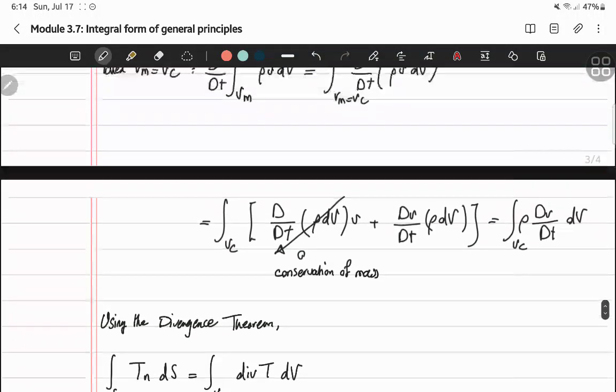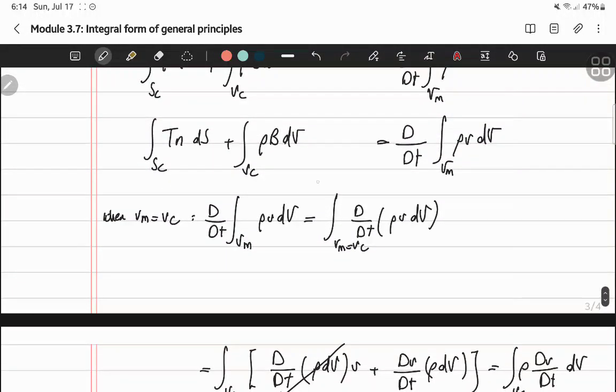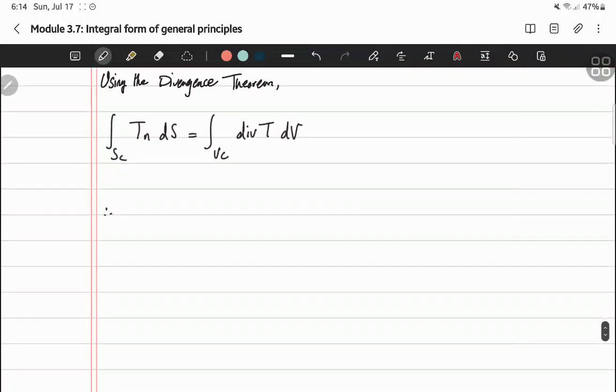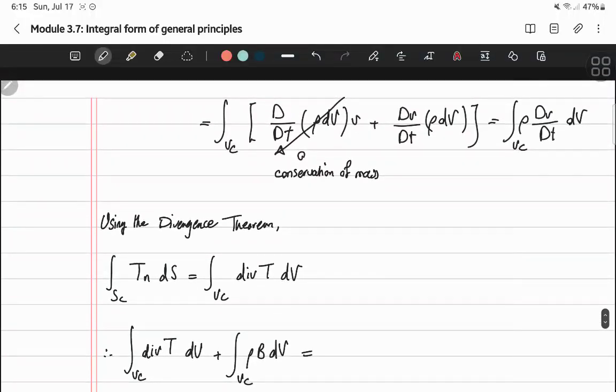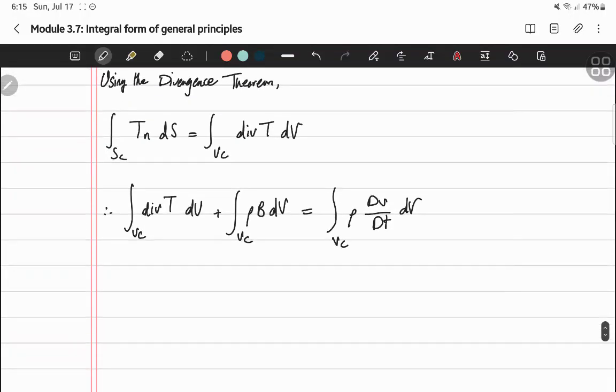Therefore, we can rewrite this equation as the integral of the divergence of T dv on Vc plus the integral of rho b dv on Vc is equal to this integral here, rho dv/dt dv on Vc.